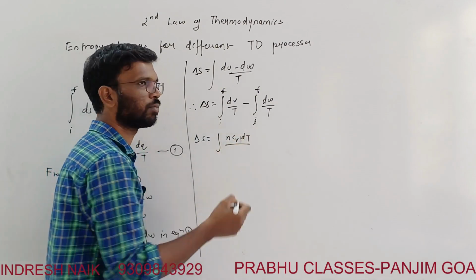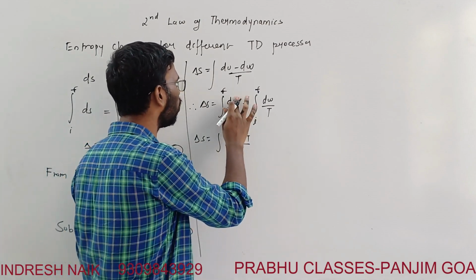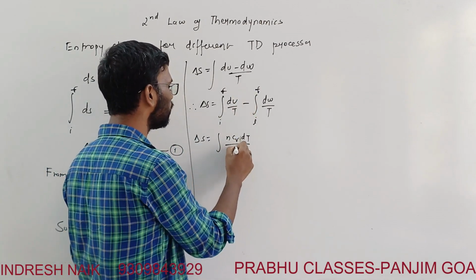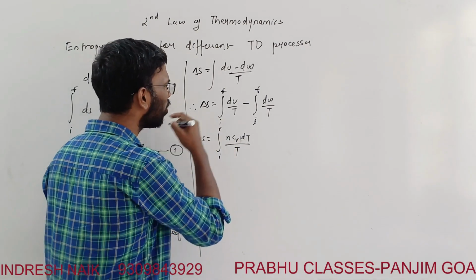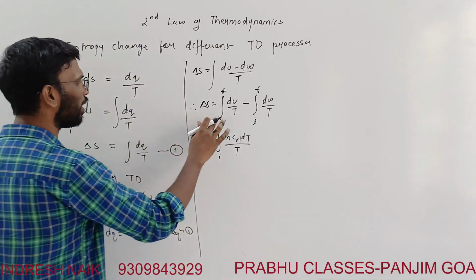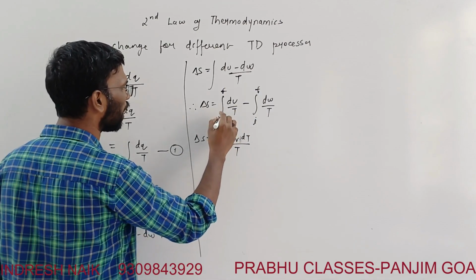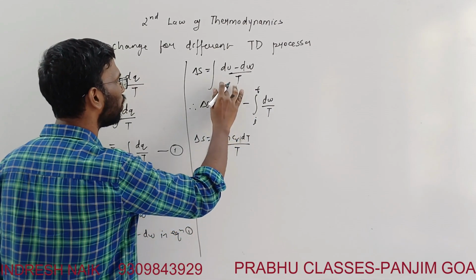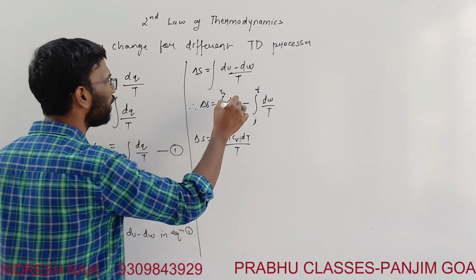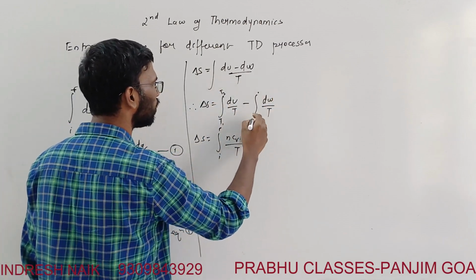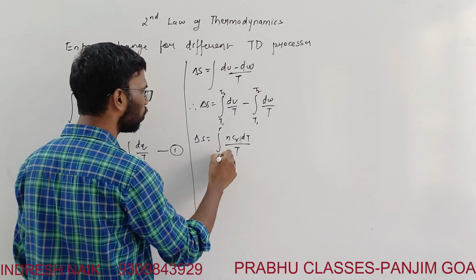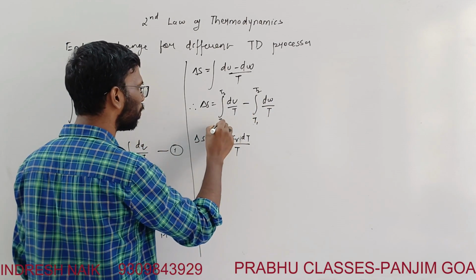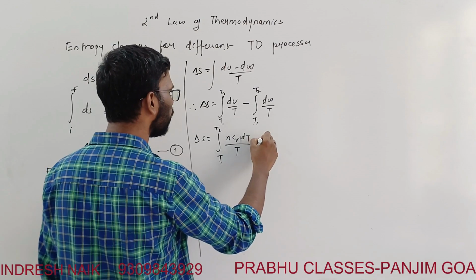We have learned this, heat capacity at constant volume, those relations. So n Cv dT, and instead of writing initial to final, since this is with respect to temperature, we'll make this change: T1 to temperature T2. So here also T1 to temperature T2, and this will be what?